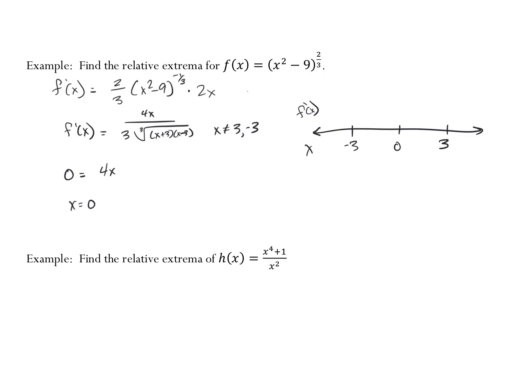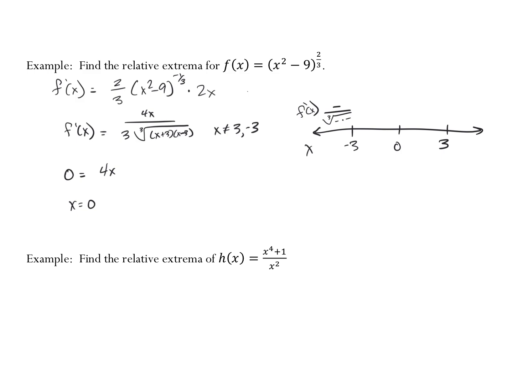So if I put in, say, negative 4, what happens in my numerator? Negative. And my denominator is going to be a cube root of, let's see, negative times negative. Is everybody kind of seeing what's going on here?